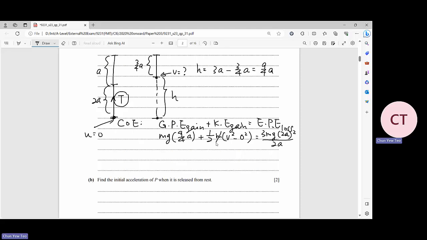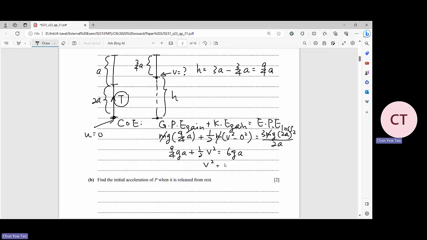So cancel all the m. You get 9/4 gA plus half v squared is equal to 6gA.